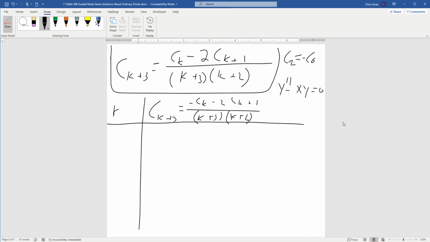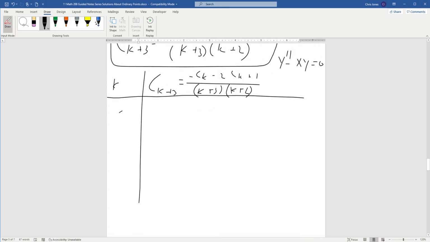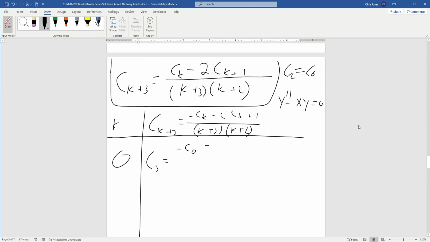So let's now substitute and generate. When k is equal to 0, we have c3 equal to c naught minus 2c1 divided by 3 times 2. I'm sorry, that's not the opposite of ck. That's a typo there, it's just regular c naught, copy error, sorry about that.